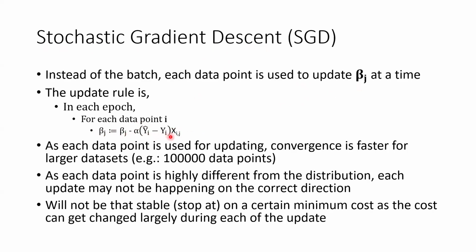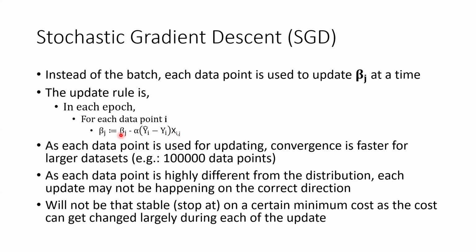That means instead of taking the whole batch and adding all those things, we don't have the add symbol here, right? So we just take the error multiplied by the x variable, multiply with the alpha value, the learning rate, and then we subtract it from the original parameter.